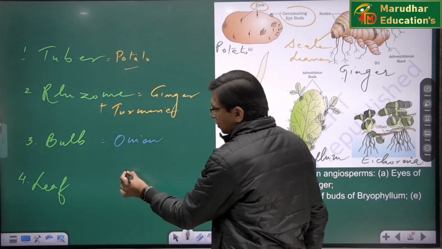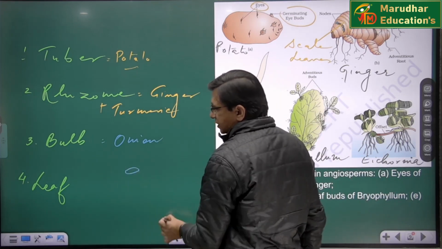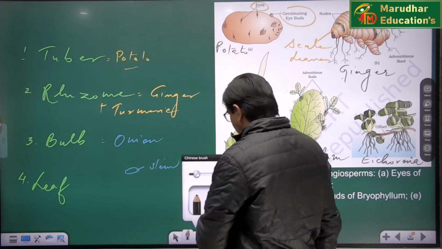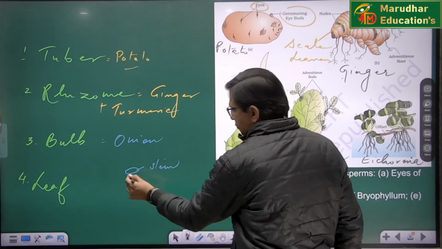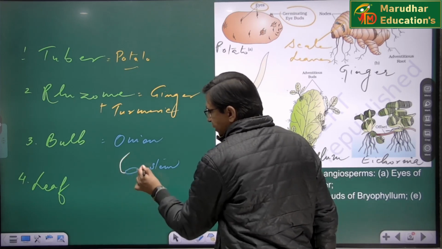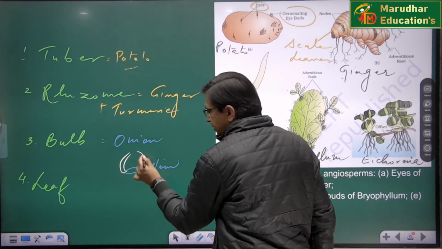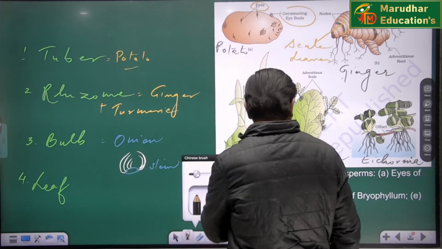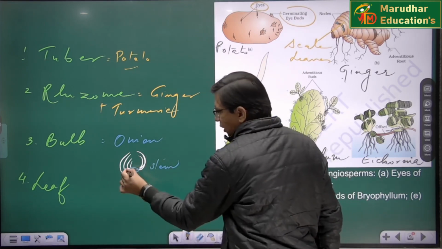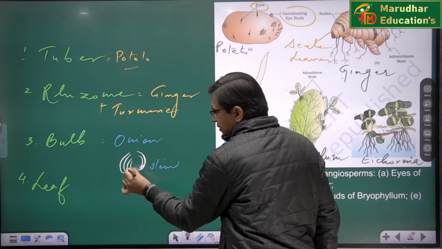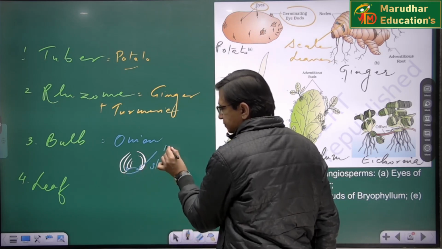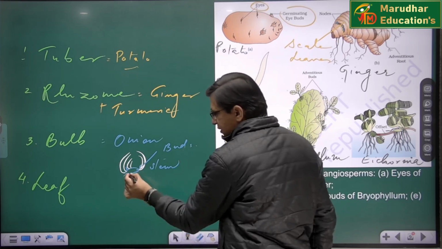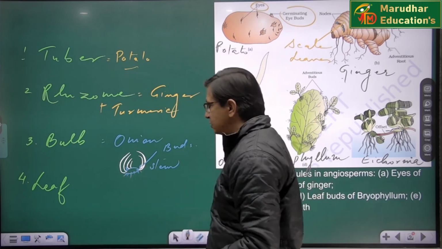If I draw, this is a reduced stem. This is stem. And above this stem, you find fleshy leaves. And in the axil of these fleshy leaves, you have what? Axillary buds. These axillary buds can give rise to new shoot. Of course, on this stem, you find dried roots.